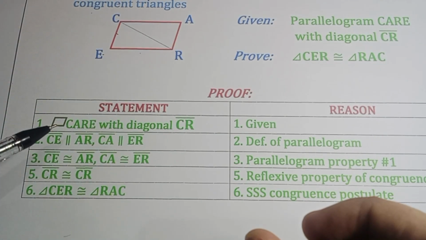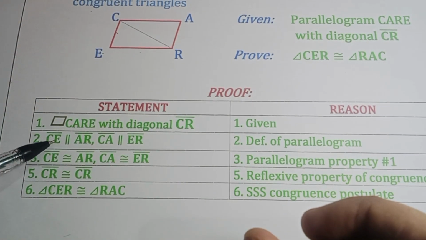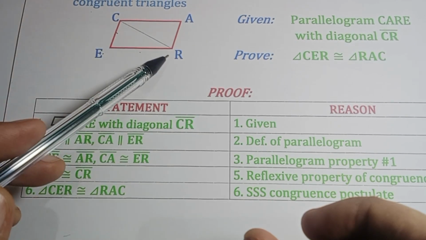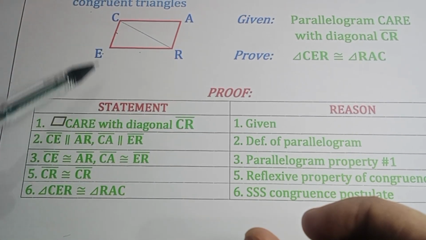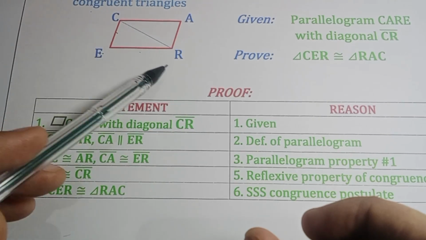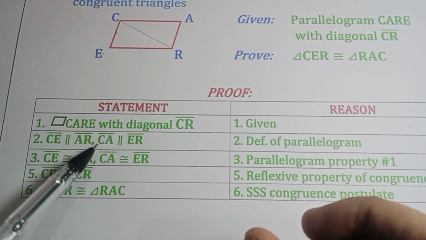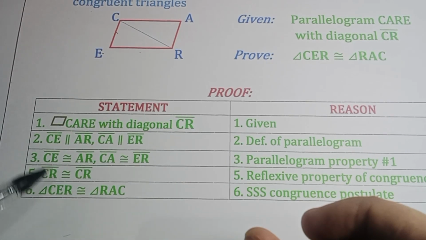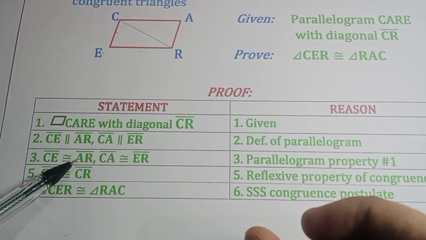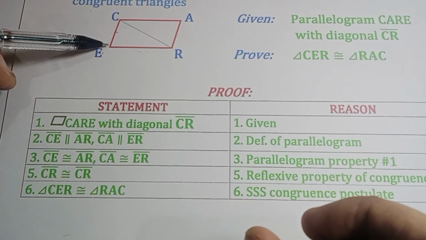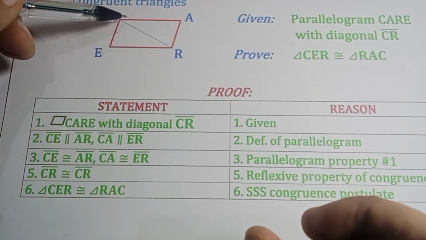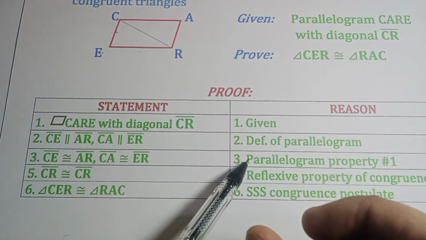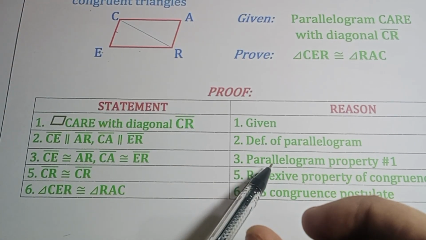Now let's write it. So we have CE is parallel to AR and CA is parallel to ER. It's 1, definition of parallelogram. Next, CE is congruent to AR and CA is congruent to ER. Reason: parallelogram property number 1.